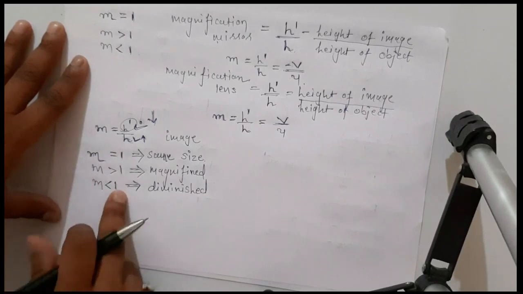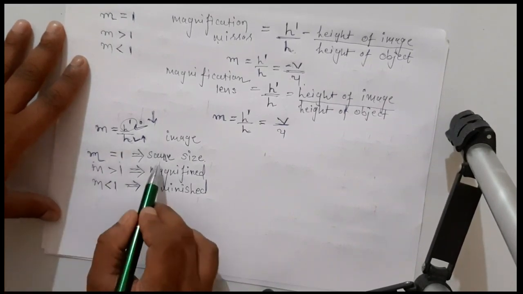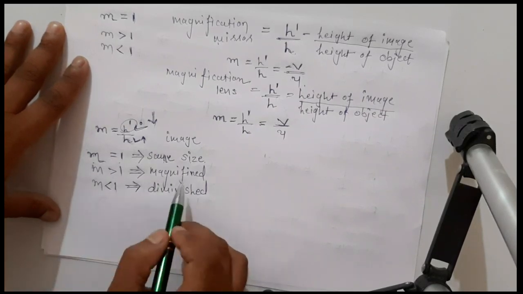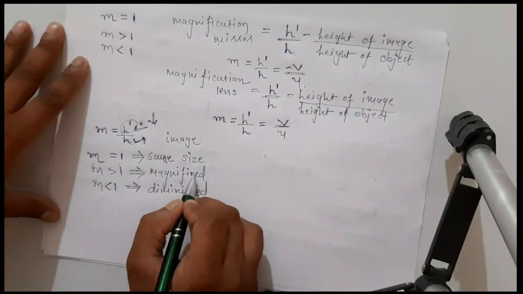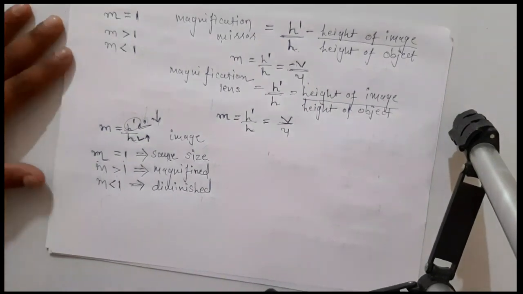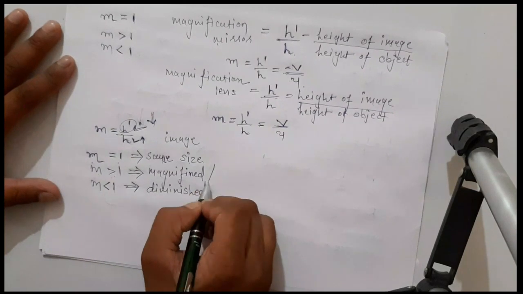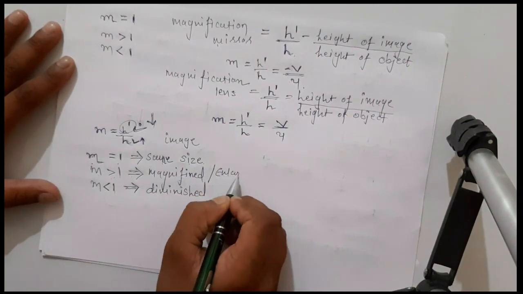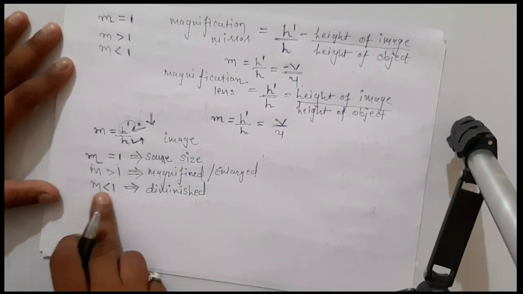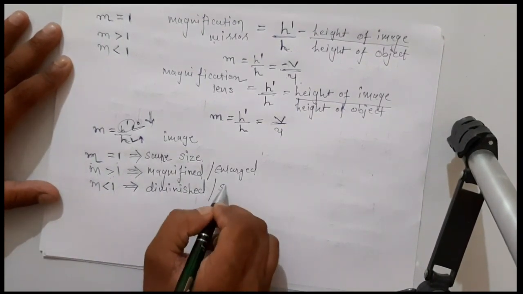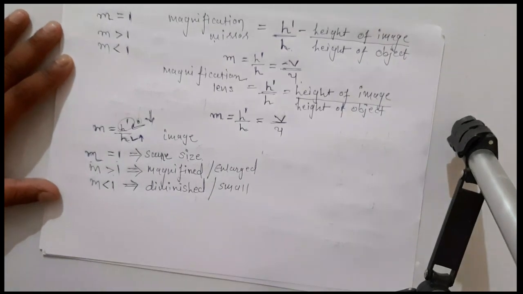So in these three cases, when m is equal to 1, our image will be the same in size. When m is greater than 1, it will be magnified or enlarged. And when m is less than 1, we will get a diminished or small image.